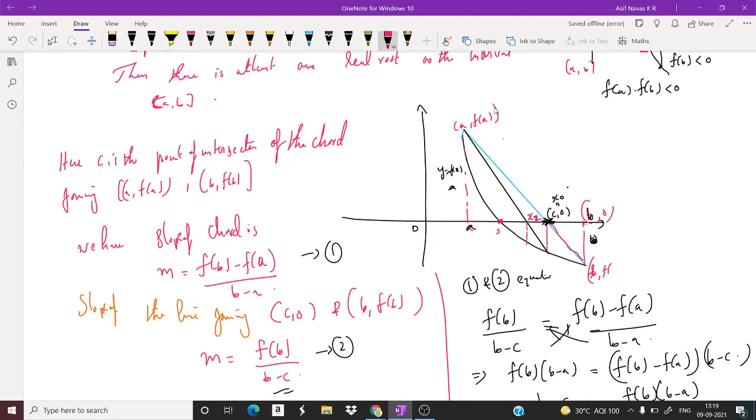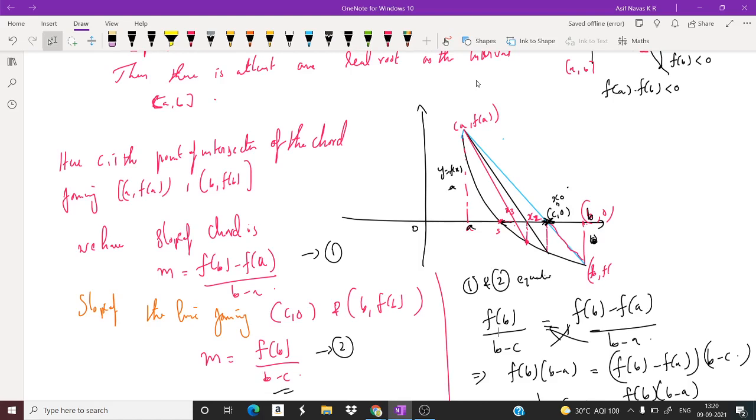Then the next approximation I am drawing like this. So this is x3, and going on, it will approach s. So that is the idea.